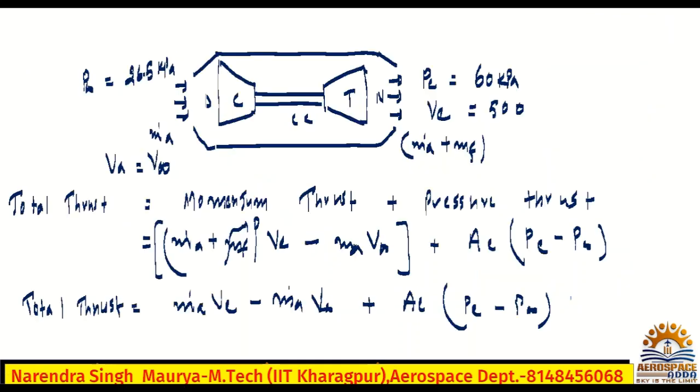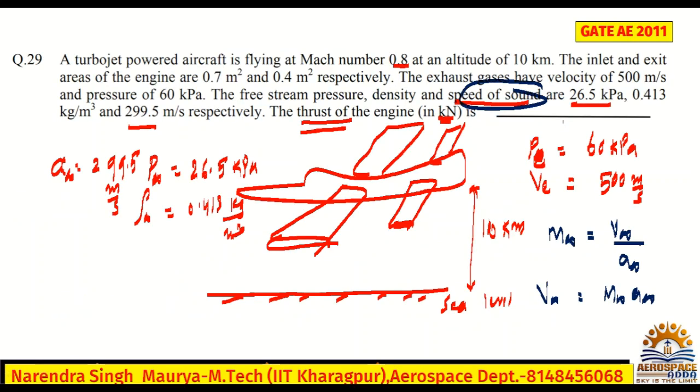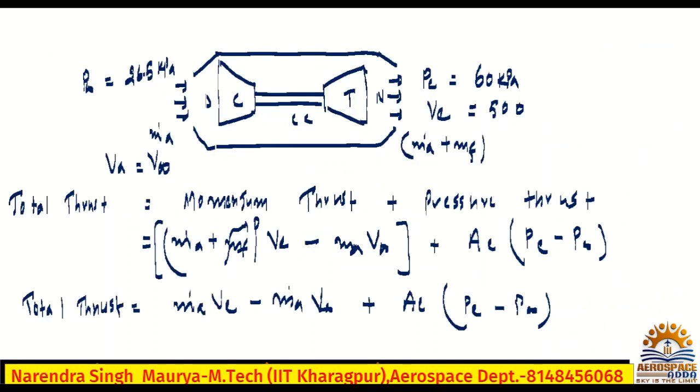Let's calculate this value. M naught is 0.8, into A infinity, which is the speed of sound, 299.5. So V infinity is 239.6. I will write it here.